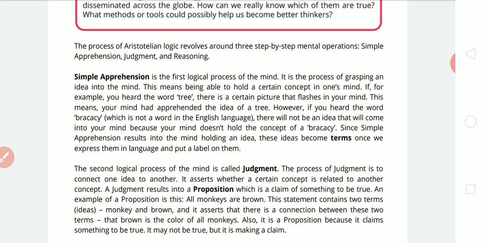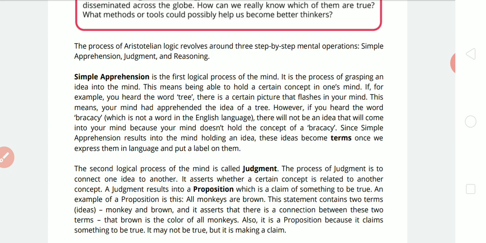So let's consider the example here. All monkeys are brown. This statement contains two terms. There are important terms stated in this phrase or sentence. The first one, we have here, is monkey, and the other is brown. So these are the two terms stated and emphasized in the statement.